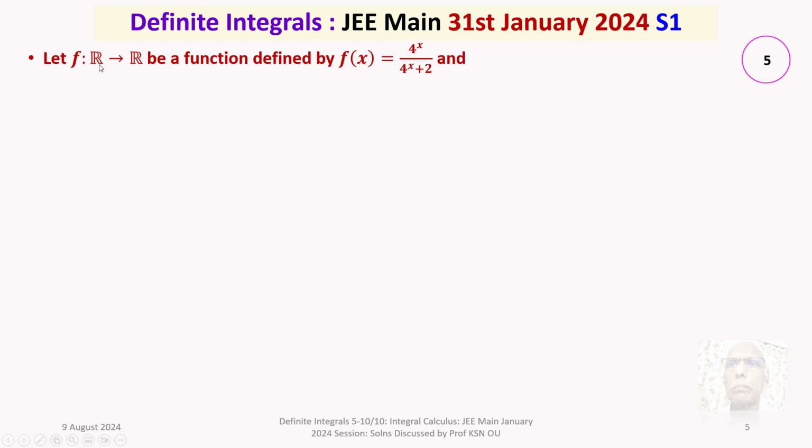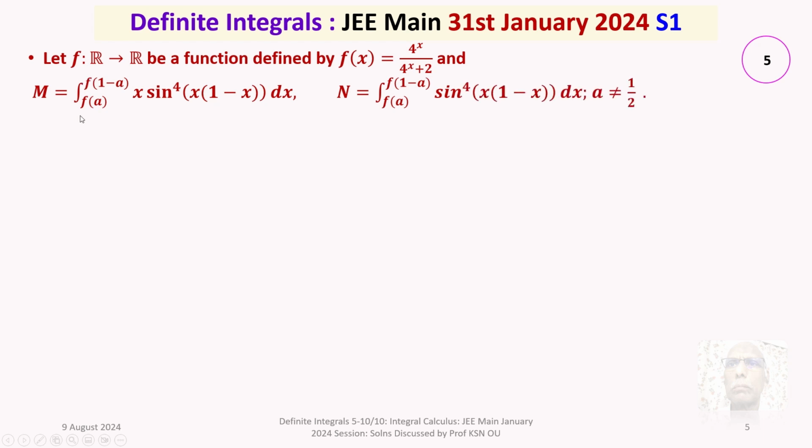Let f be a function from the set of real numbers to itself defined by f of x is equal to 4 power x by 4 power x plus 2, and M is given to be the definite integral from f of a to f of 1 minus a of x times sine to the power of 4 of in brackets x times 1 minus x with respect to x, and N is the definite integral from f of a to f of 1 minus a of sine to the power of 4 of in brackets x into 1 minus x dx, where a is not equal to 1 by 2.